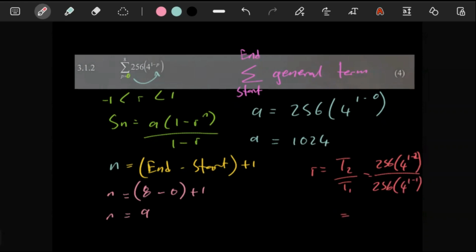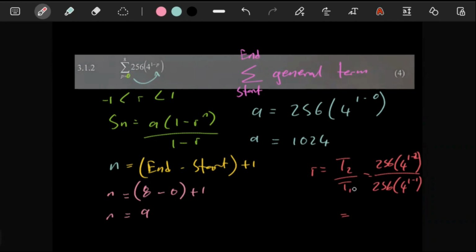So putting that into the formula, 256 on top, 256 open bracket 4 to the power of 1 minus 1, close the big bracket, and then down here 256, 4 to the power of 1 minus 2, no, 1 minus 1, the top is supposed to be 1 minus 2.